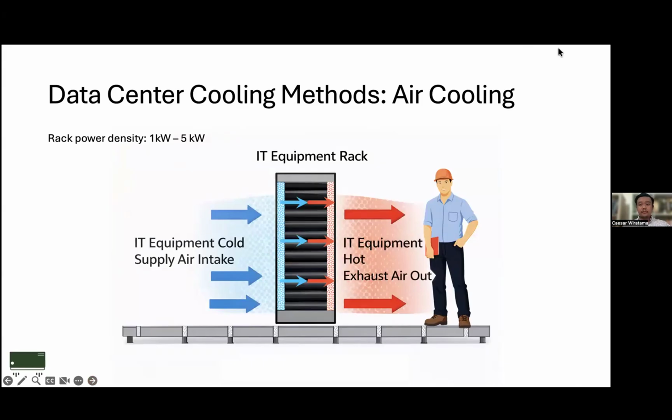Okay, the first method used in data center cooling is air cooling. Air cooling, as its name suggests, basically blows air parallel to the racks. Racks have stacked systems that allow air to blow around each level of these racks.